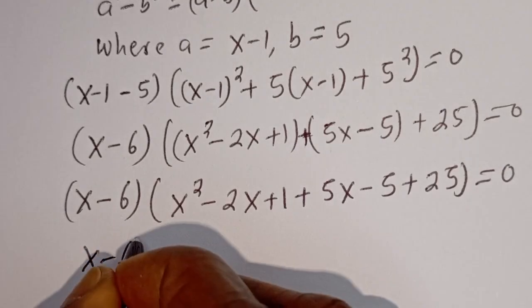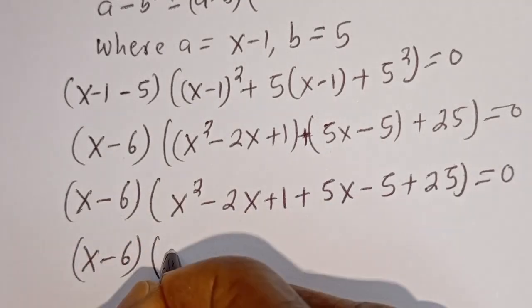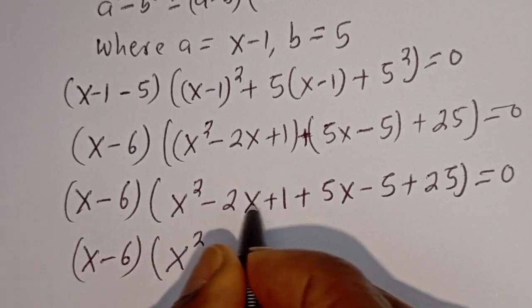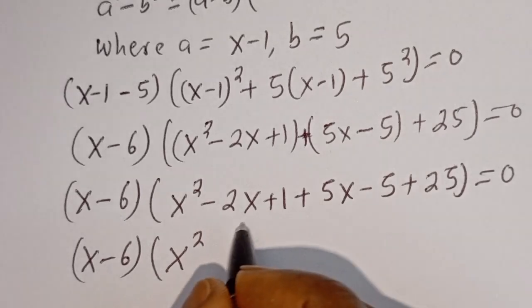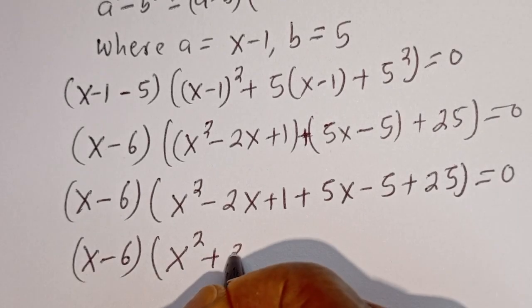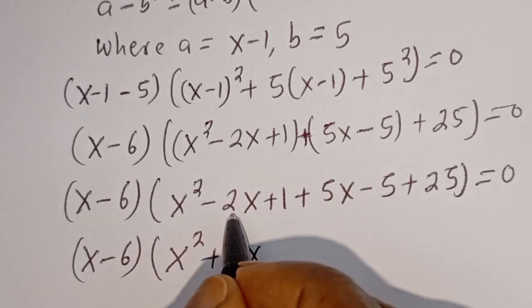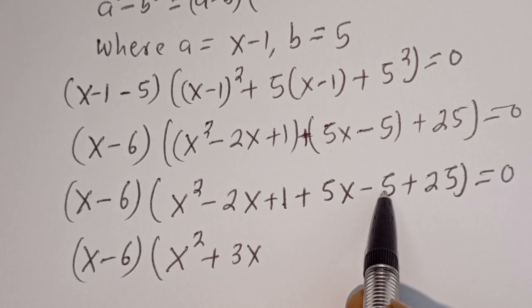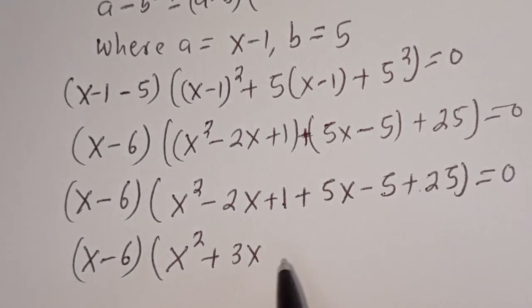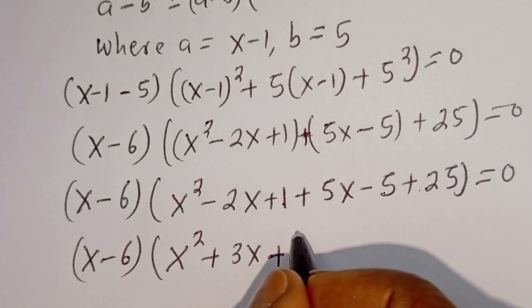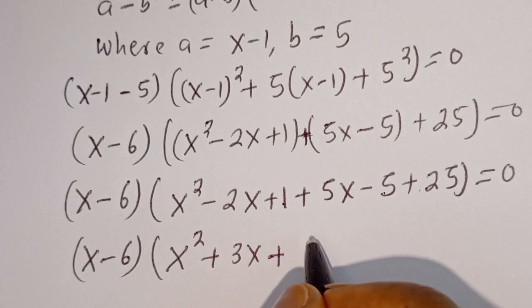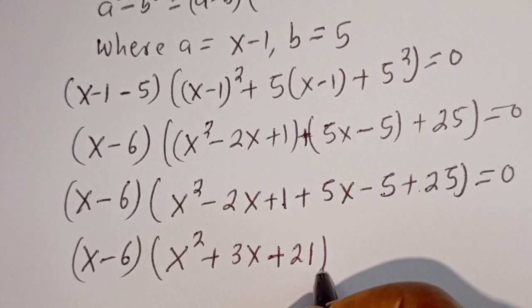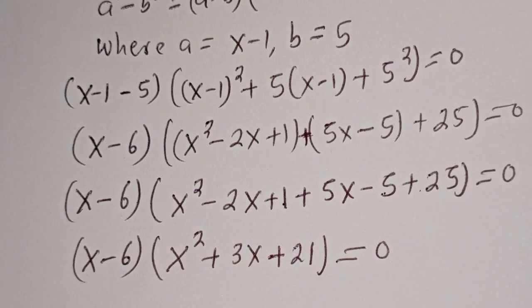x minus 6 bracket x square minus 2x plus 5x, that is plus 3x, then 1 minus 5, that is minus 4, then plus 25, that is plus 21, is equal to 0.